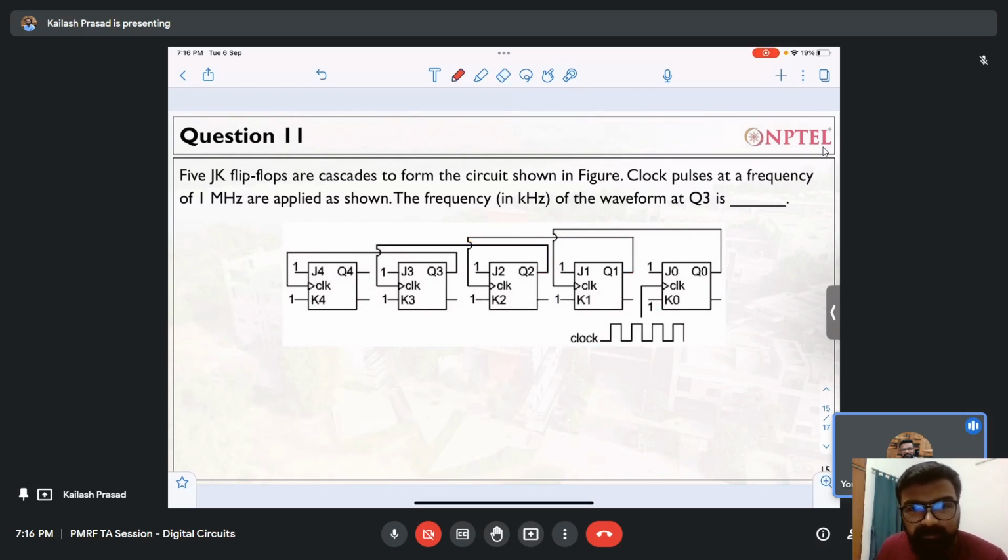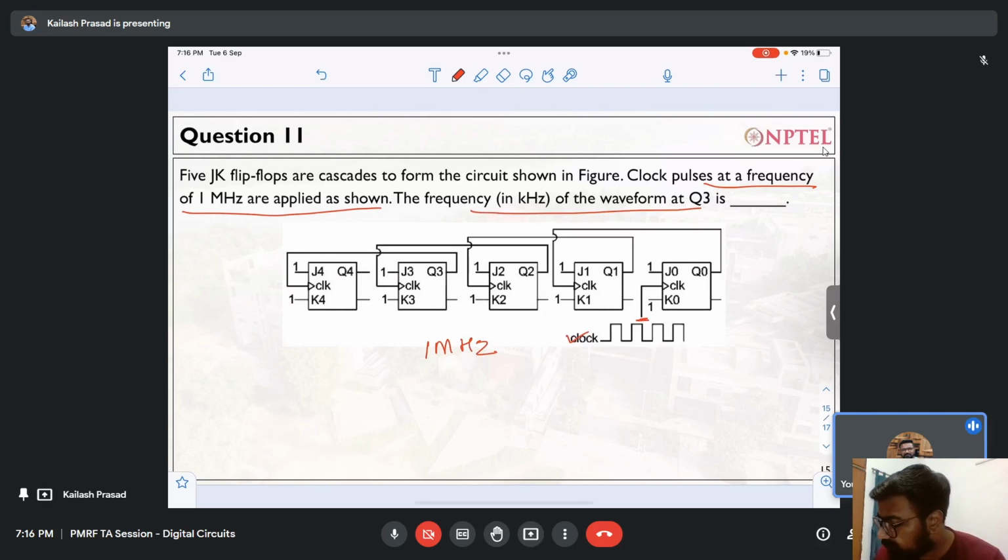Now the question is, clock pulses at a frequency of 1 megahertz are applied. So this clock that has been applied is at 1 megahertz, and it is asking the frequency in kilohertz for the waveform Q3. Q3 is this. So what will be the answer? 125k, somebody is saying.